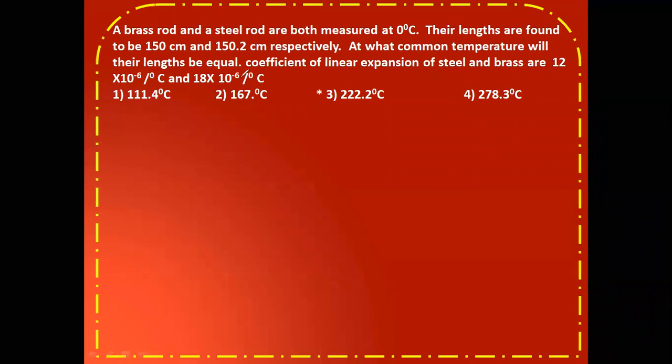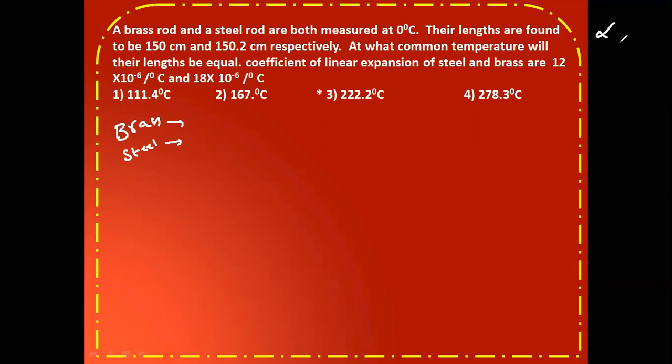A brass rod and steel rod are both measured at 0 degrees Celsius. So they give the brass and they give the steel. Whether it is useful or not, that will be secondary.